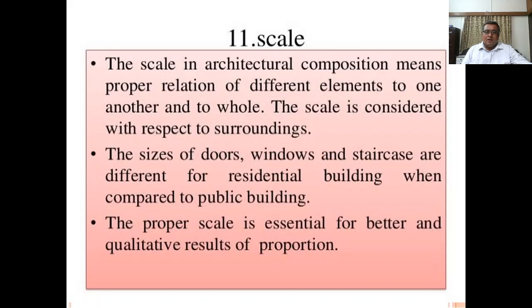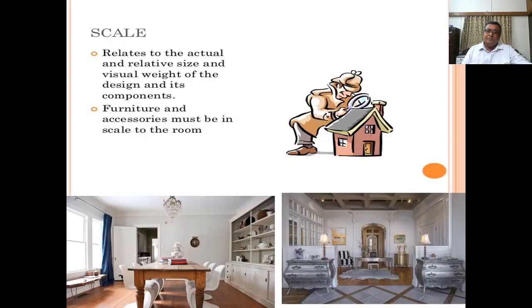It is an architectural composition which relates different elements to one another. Scale relates to the actual and relative size and the visual weight of the design and its components. Furniture and accessories must be in scale to the room.